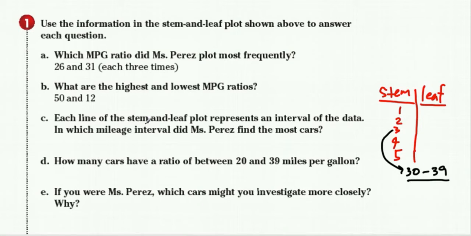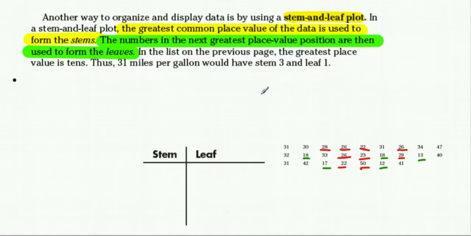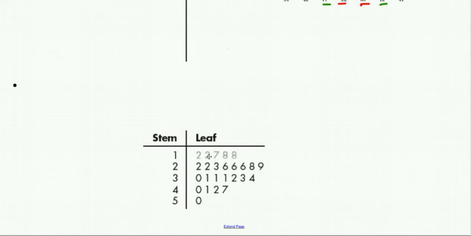Okay, going back to the question. In which mileage interval did Miss Perez find the most cars? Let's go back here and recreate this. In which mileage interval did Miss Perez find the most cars?